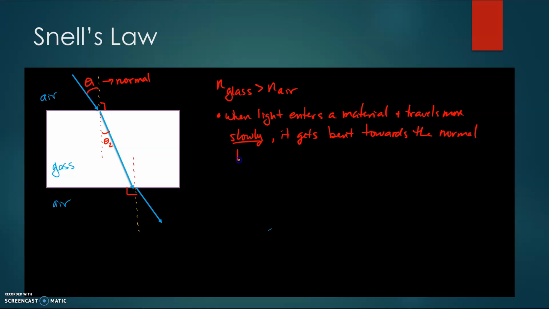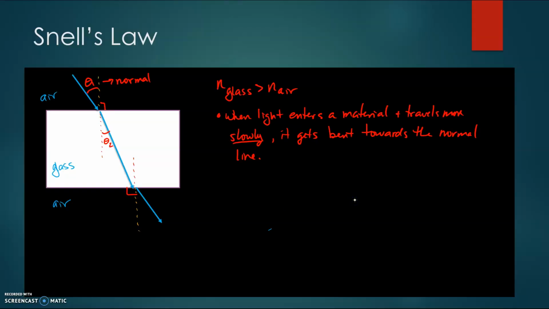It gets bent towards the normal line, and we can see that here. It goes in along here, and then it gets bent towards the normal. This theta 2 is less than theta 1. So even if you didn't know that the index of refraction of glass was greater than that of air, just by looking at this, you can see that that's true.